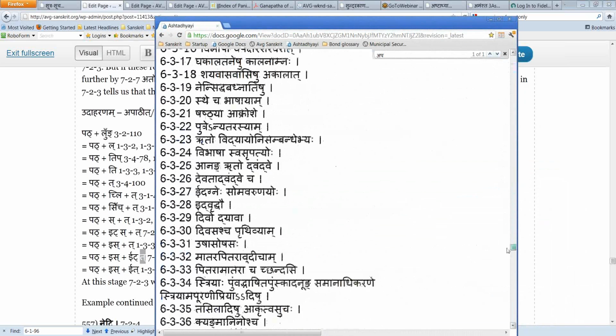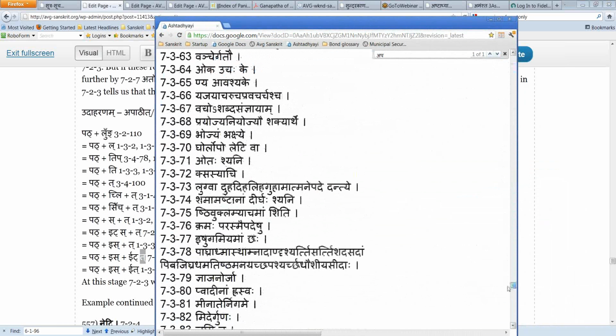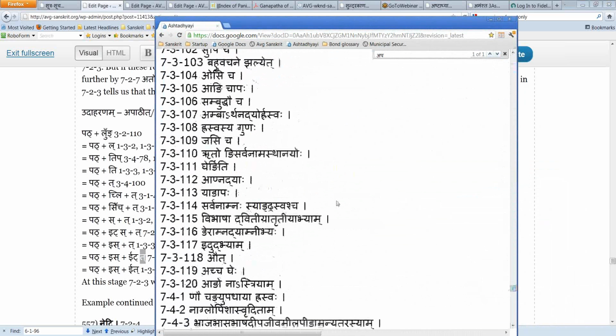This is 7.3.96. We studied this sutra when we did the form asit. So this is nothing new. But here it says asti sicho prukte eat.